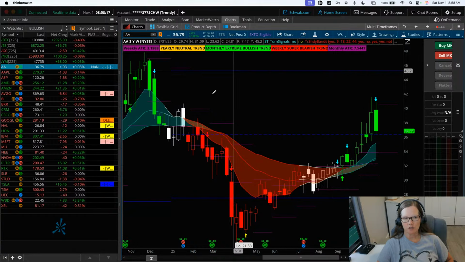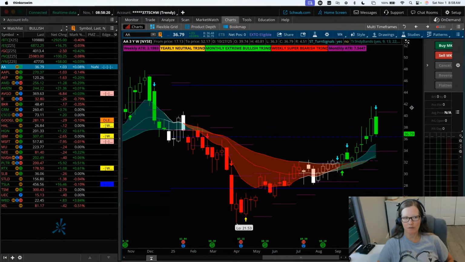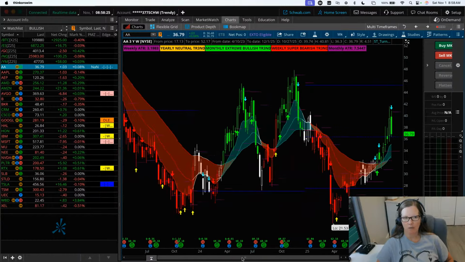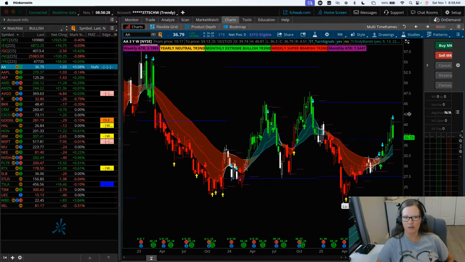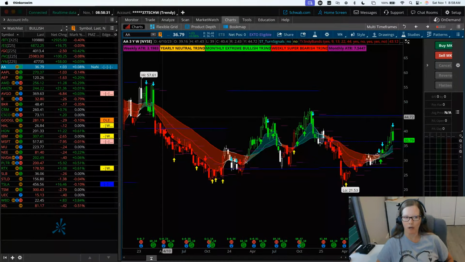I mainly trade from daily buy and sell zones for my swing trades. Sometimes, though, I will trade from weekly buy or sell zones and 4 hour buy and sell zones.